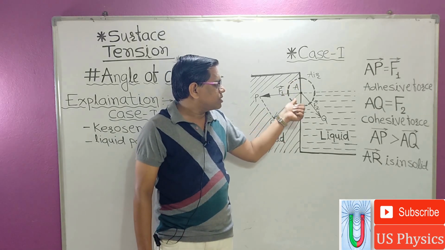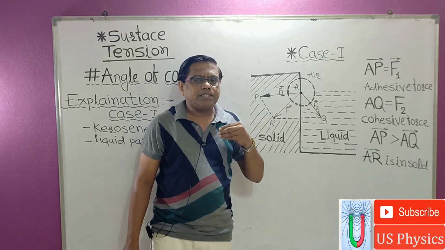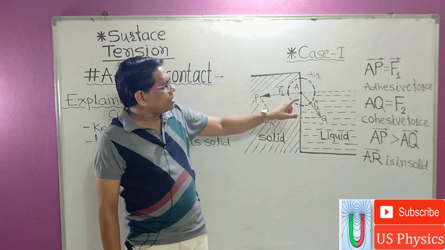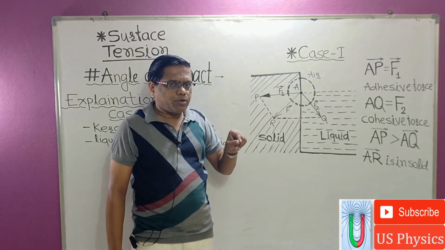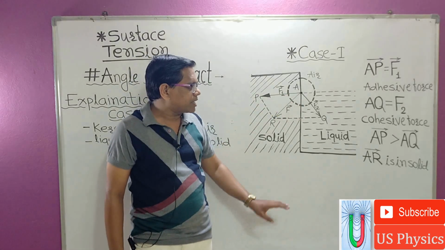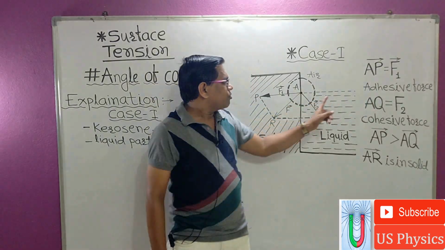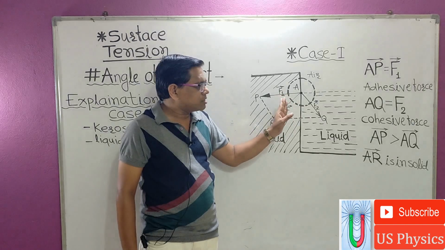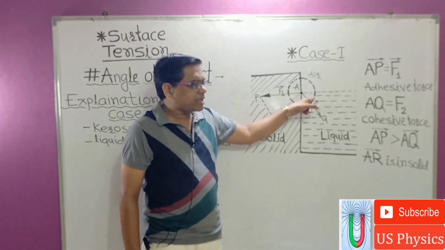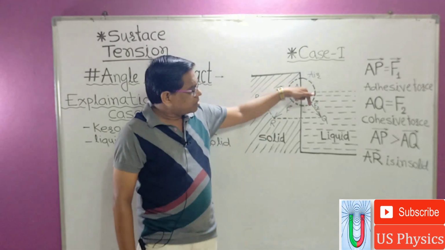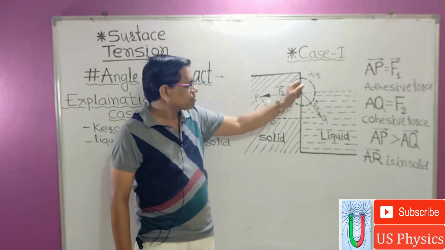The molecular force of attraction on molecule A, which we call the adhesive force, will be very large as compared to the molecular force of attraction exerted by molecules of liquid onto molecule A.